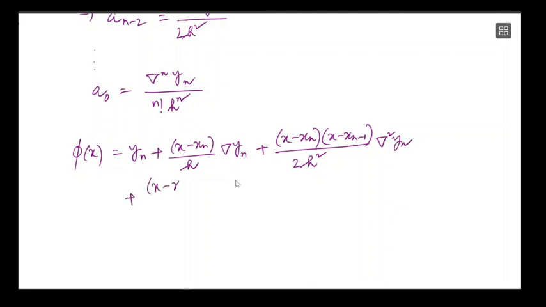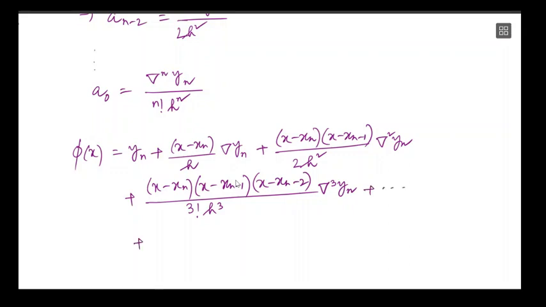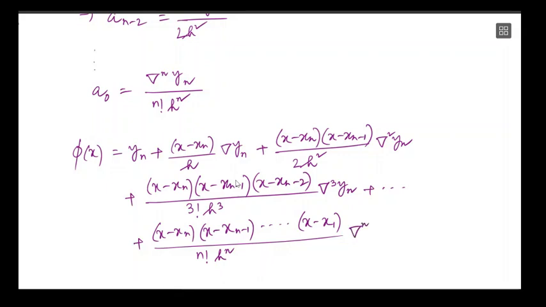Next term will be x minus xn, x minus xn minus 1, x minus xn minus 2 by 3 factorial h cube nabla 3 yn. In this way, the last term will be x minus xn, x minus xn minus 1 to x minus x1 by n factorial h to the power n nabla n yn.